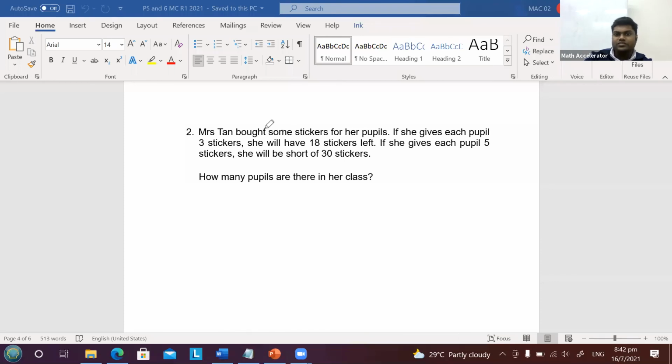Mrs. Tan bought some stickers for her pupils. If she gives each pupil 3 stickers, she will have 18 stickers left. All right. If she gives each pupil 5 stickers, she'll be short of 30 stickers. Now, can you tell me in the chat which sentence talks about excess?